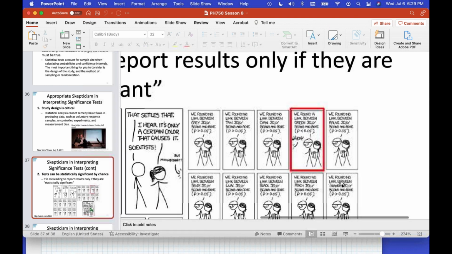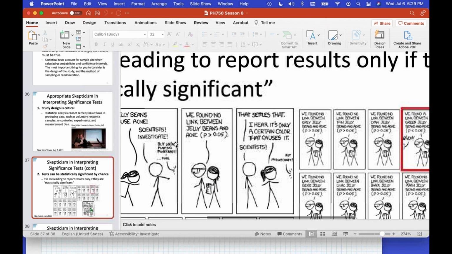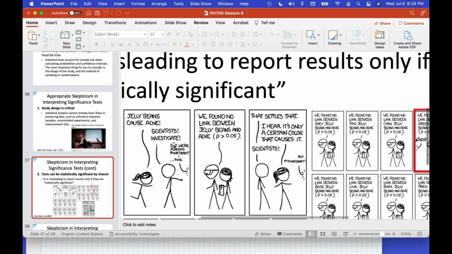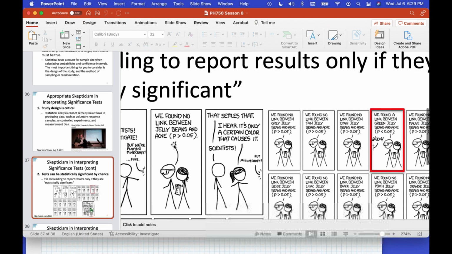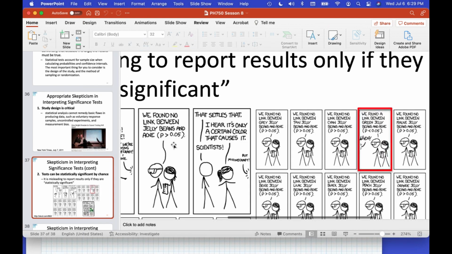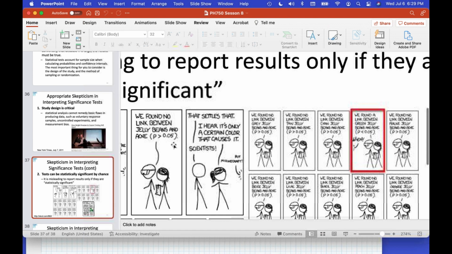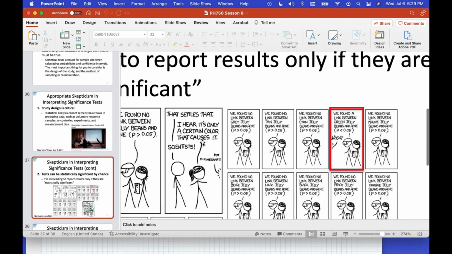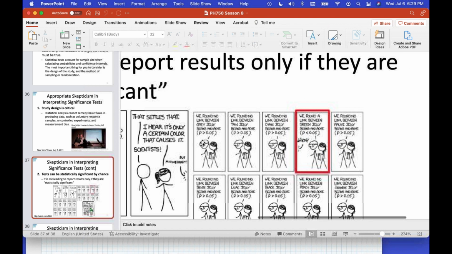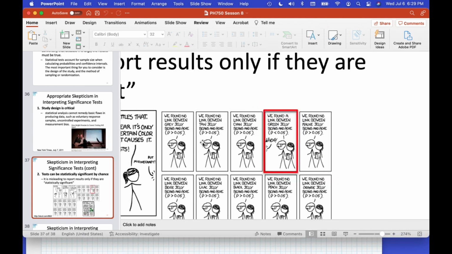So here's a cartoon. Here's a study. We found a link: jelly beans cause acne. Then another study: we found no link between jelly beans and acne. But maybe it's only one certain color that causes it. So now somebody goes back and says, okay, let's test every color.